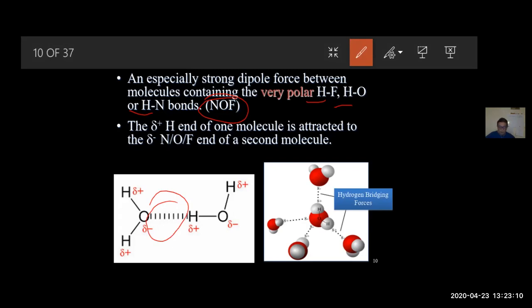They try not to use the term hydrogen bond because it gives the impression that we're actually physically attached, which is why they prefer the name bridging instead of bonding. But it's an interaction between the partial negative of the oxygen and the partial positive of the hydrogen, and if it's very strong, it has a big factor in the physical properties of that molecule.